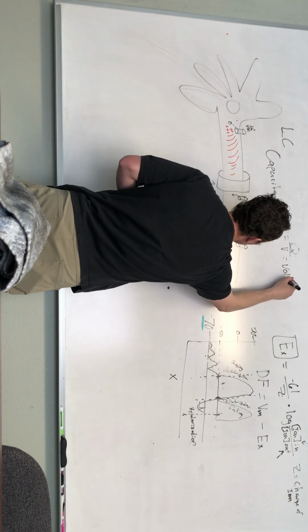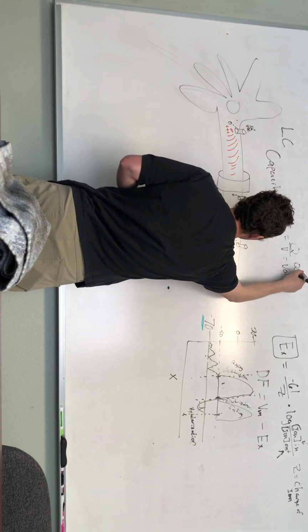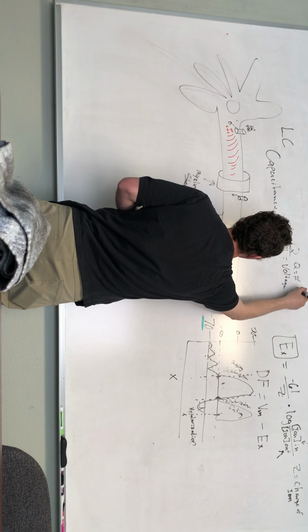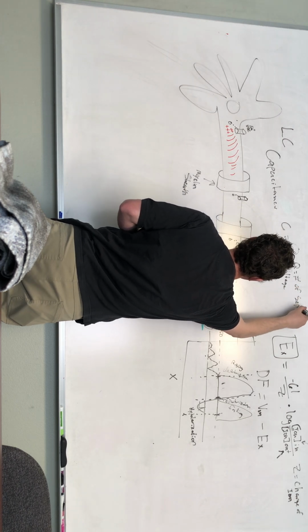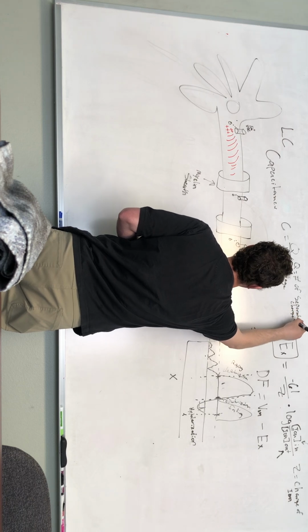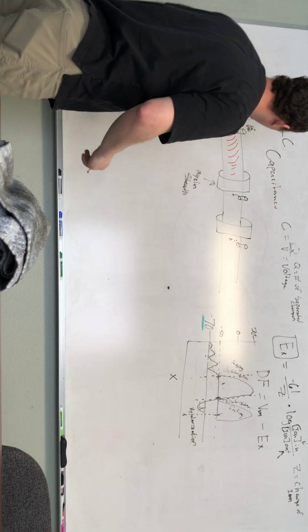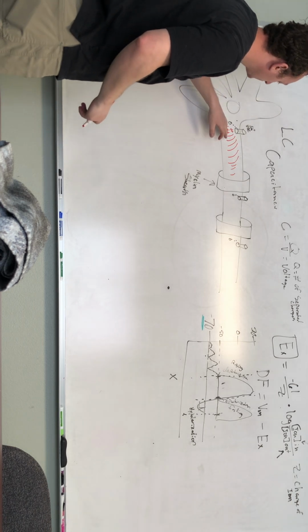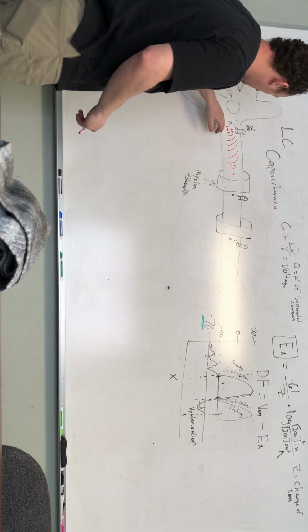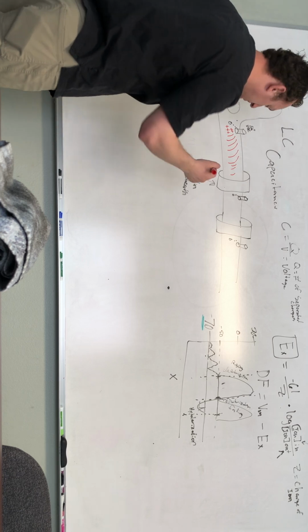V is voltage, Q is the number of separated charges. So, when we have sodium, let me try and explain this right.